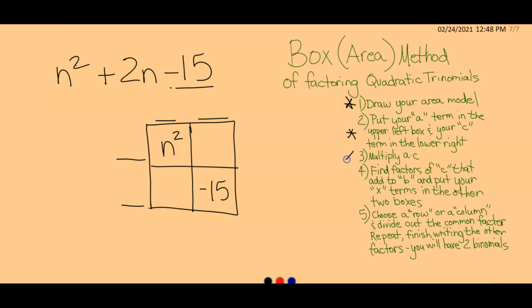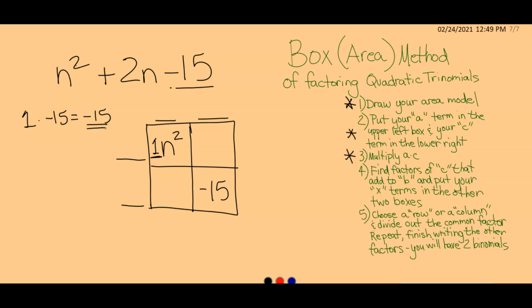Next, multiply A times C. So in this problem, my A coefficient is 1 and my C is negative 15. So 1 times negative 15 equals negative 15. Okay?